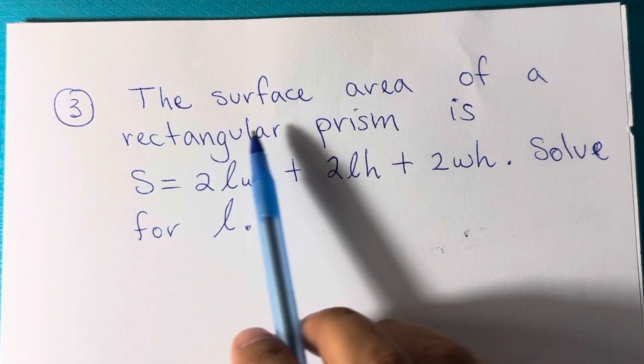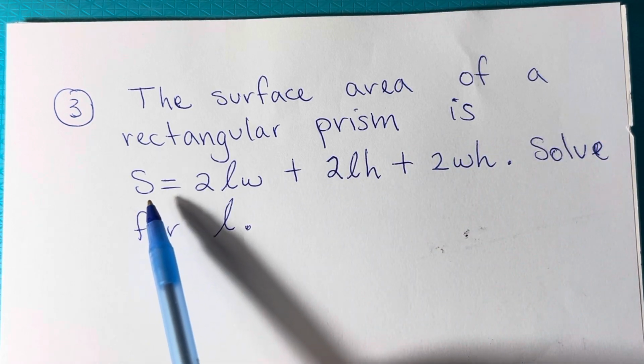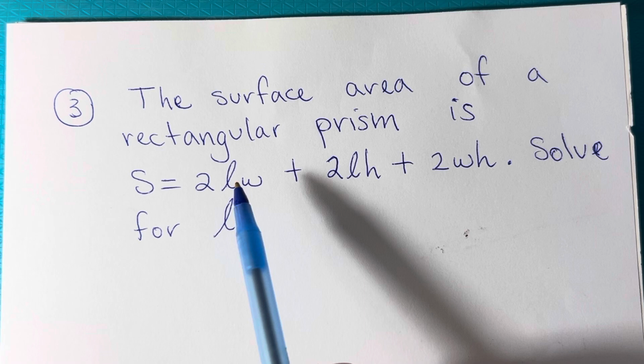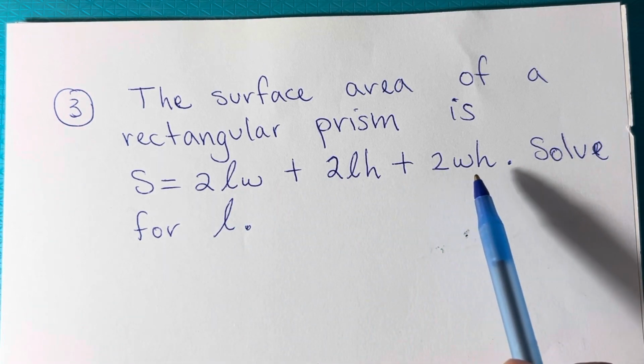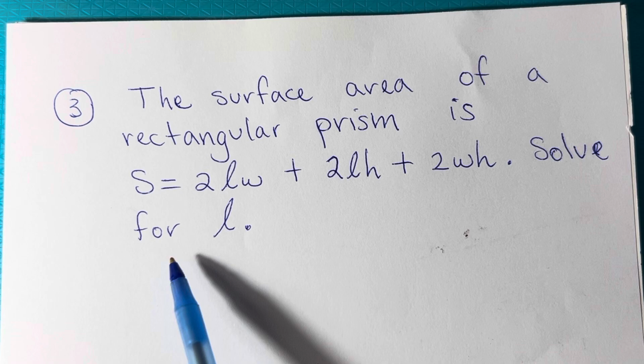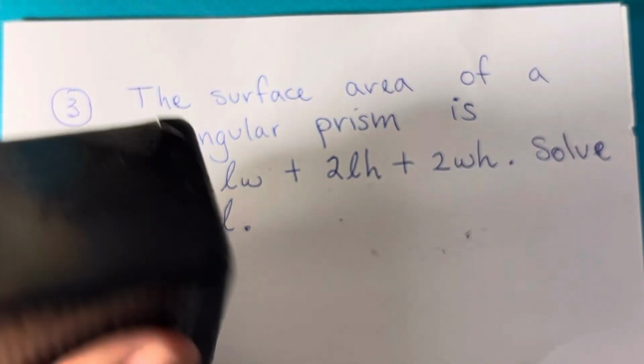For the next one, it says the surface area of a rectangular prism is surface area, or S, equals 2 times the length times width plus 2 times the length times height plus 2 times the width times height. Solve for L, or solve for the length. So it's just a box.